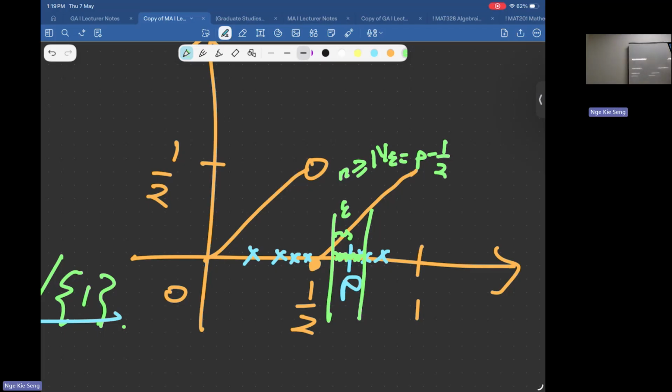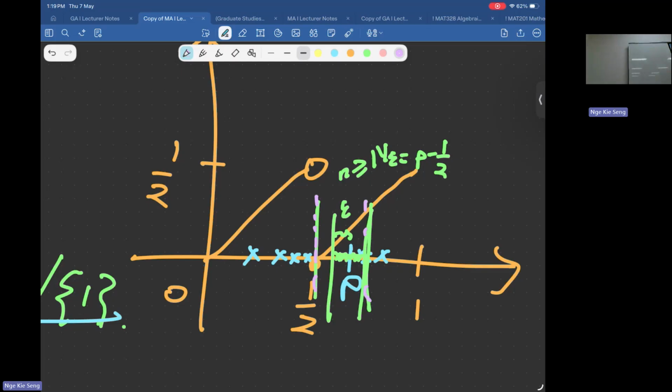My epsilon is strictly less than, right? My definition is strictly less than. Either you want to include this line, or you want to avoid this line here.